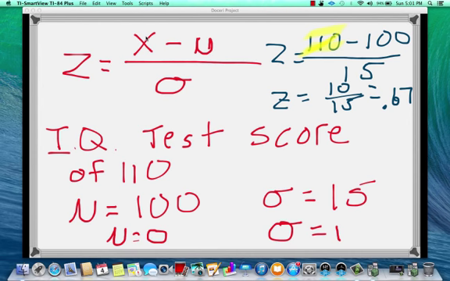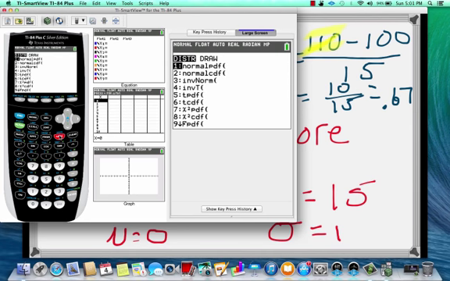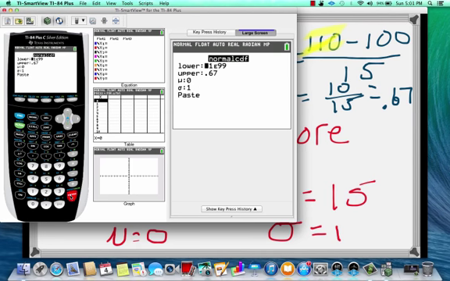Now, I want to go back to this graphing calculator for a second. If you're using the graphing calculator, which I like, let's do another normal CDF. You just go second vars, normal CDF here. These are boundaries. If we change the upper to, what was our score again? 110.